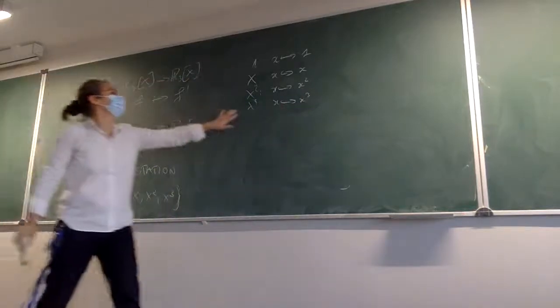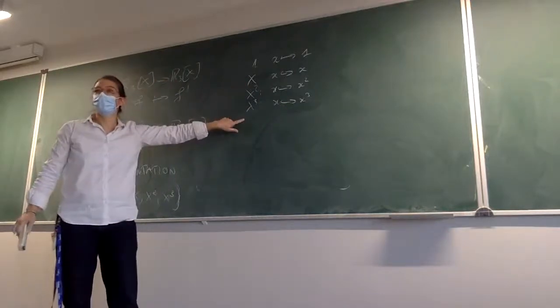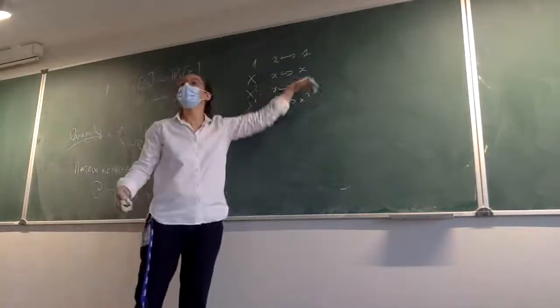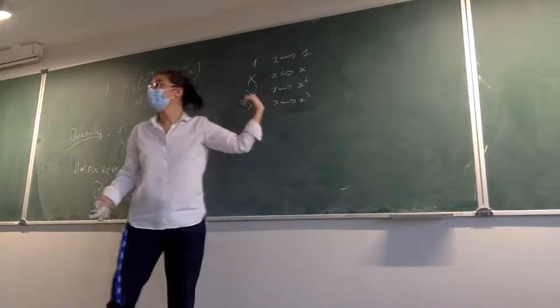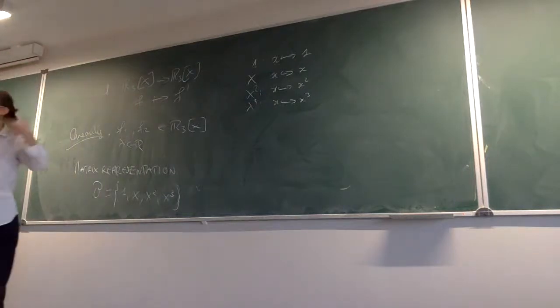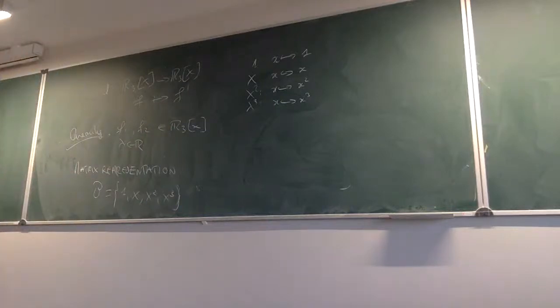The difference between the capital X and the small x is that these are notations, implicit notations to define the corresponding polynomials given by these expressions. I won't be too strict if you mistake the small and the big x, but try to think about this difference.